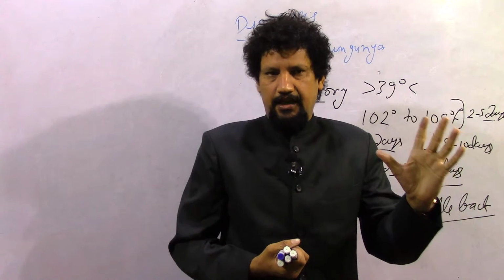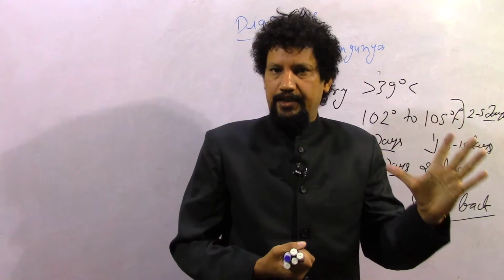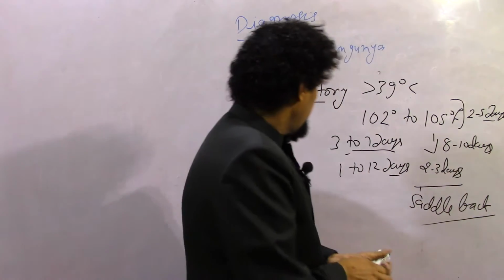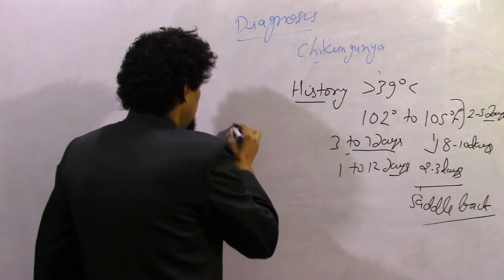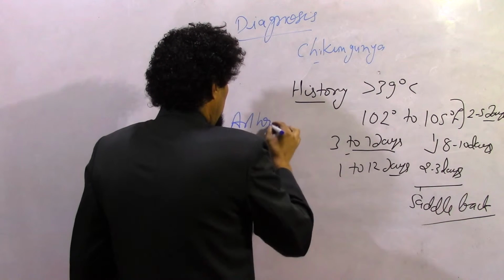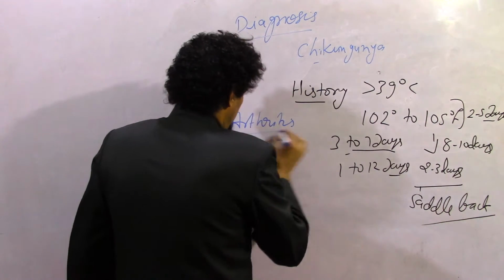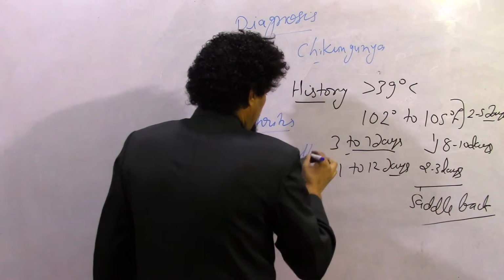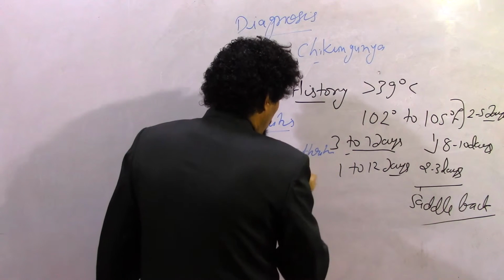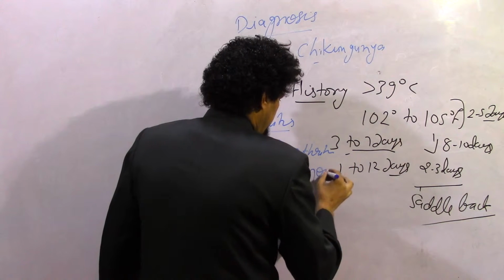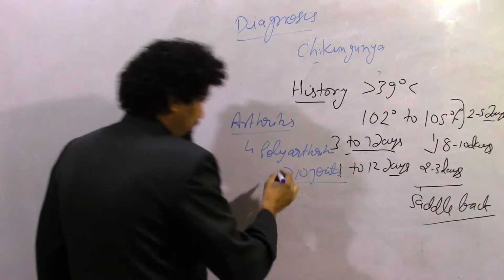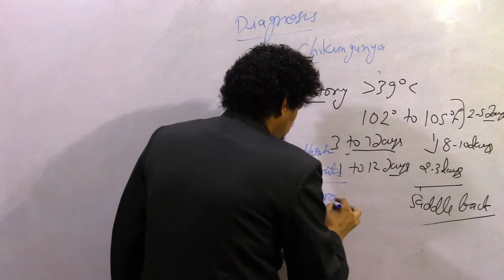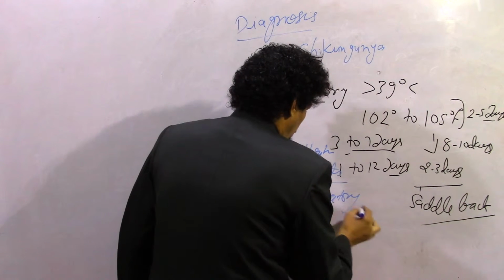The arthritis in chikungunya is polyarthritis and migratory arthritis. So arthritis is polyarthritis. More than 10 joints are involved, and this is migratory type of arthritis.